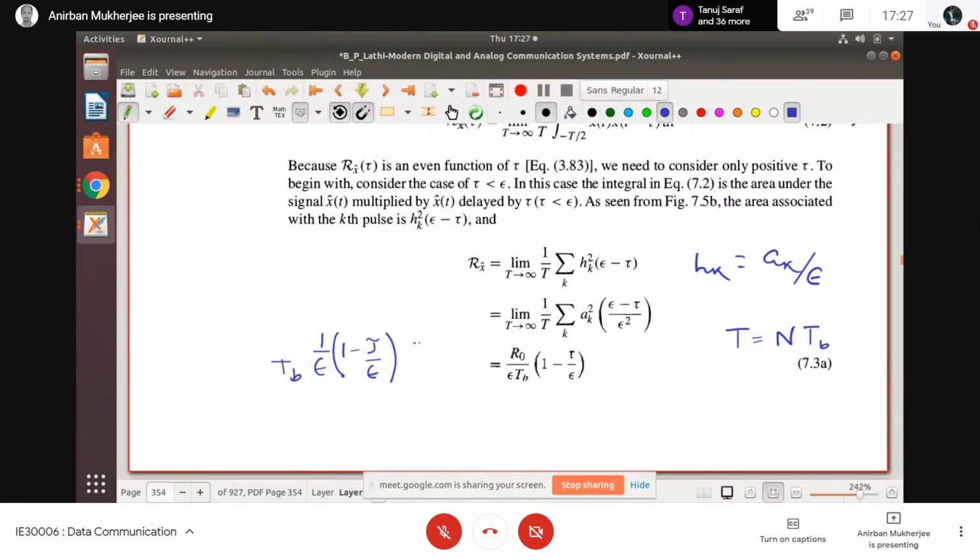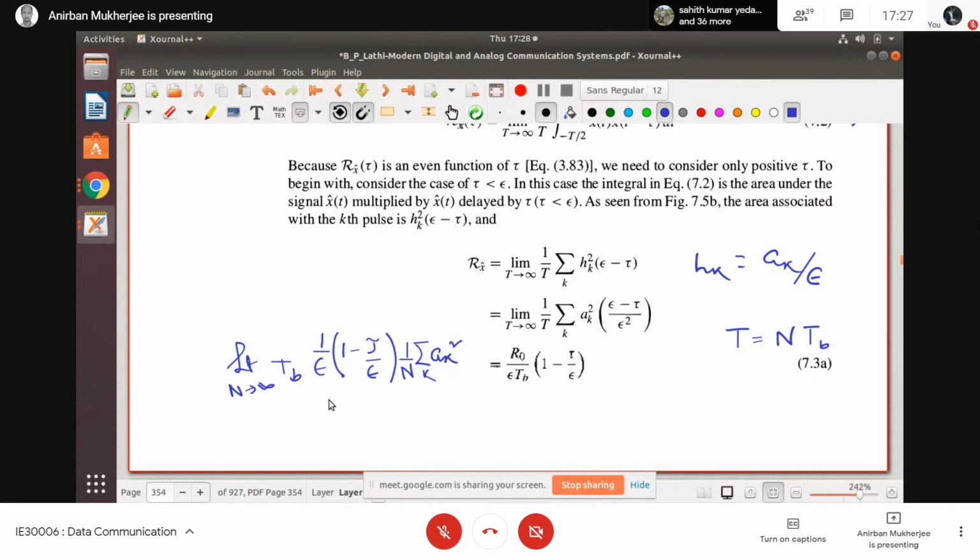Then I have a summation over ak square, and there is an n term, 1 by n. And I have a limit, n tends to infinity, because T tends to infinity. I am saying Tb is fixed, so T tends to infinity means n tends to infinity.